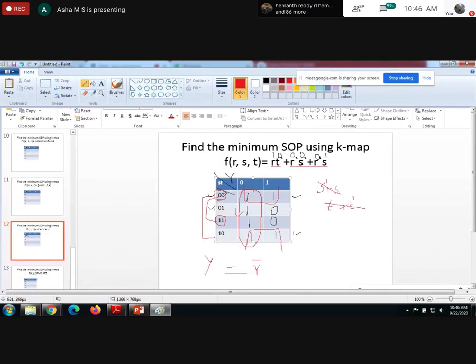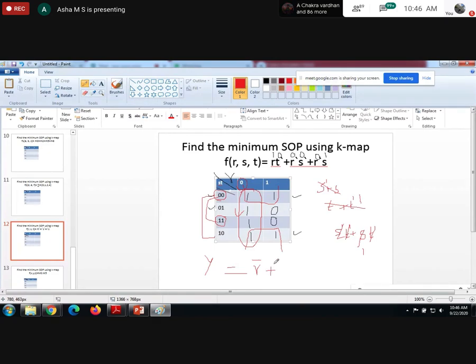Similarly, here I have 0, 0, which means S bar, T bar, and 1, 1 means ST. This will get cancelled with this, meaning I will be getting 1, 1. That's the reason these 4 terms will get cancelled. I am left with only the R value. R value is 0, that's the reason it is R bar.